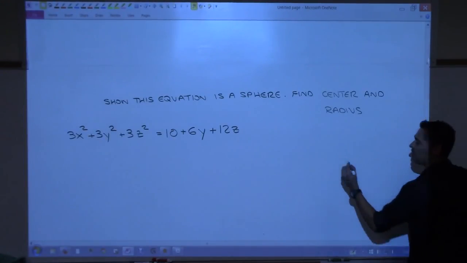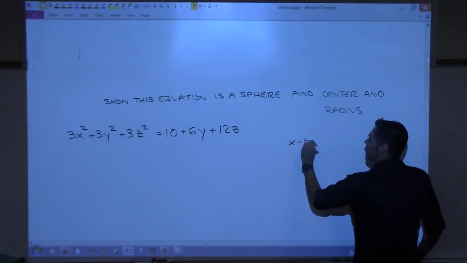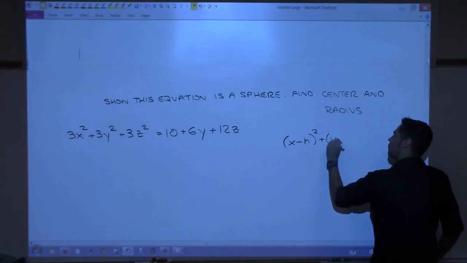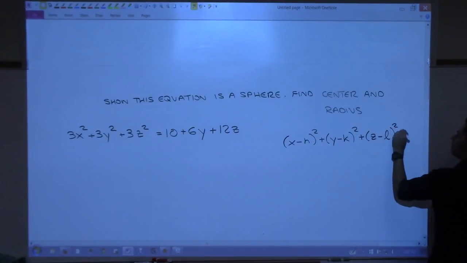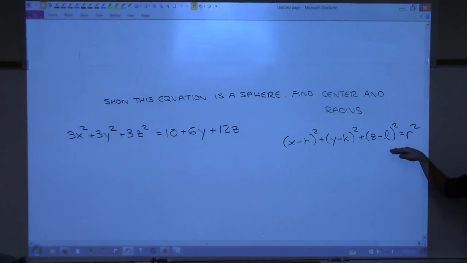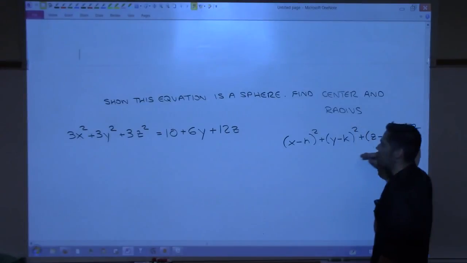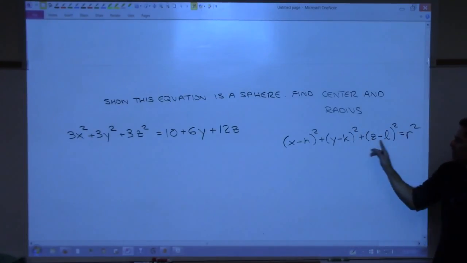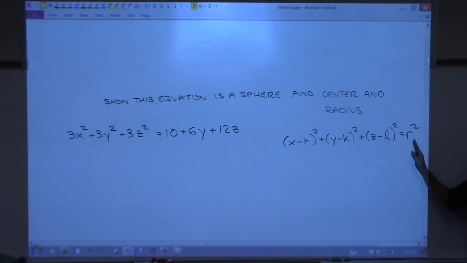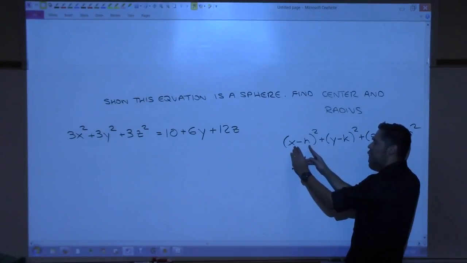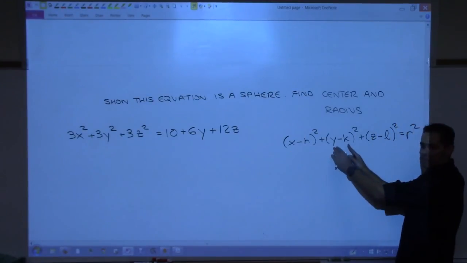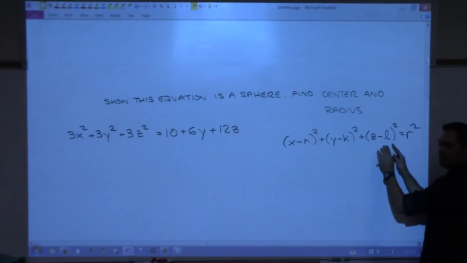Okay, so if you can somehow turn this equation into this, you will be able to identify h, k, and l, which will be the center, and you'll be able to identify what r is, right? So you need to somehow get a binomial in x squared, a binomial in y squared, and a binomial in z squared, yes?